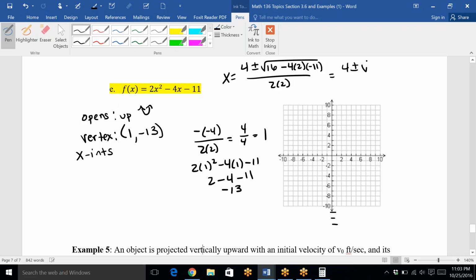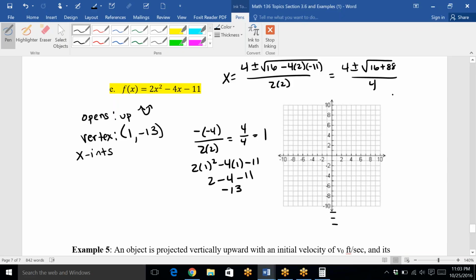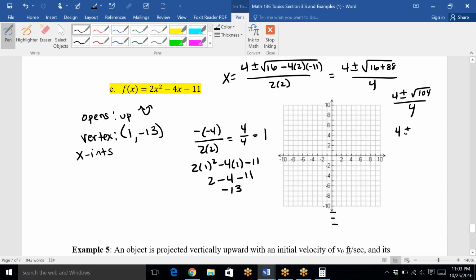So 4 plus or minus the square root of 16 plus 88, over 4. 16 plus 88 is 104. So 4 plus or minus the square root of 104 over 4. Reduce, I believe 104 should be divisible by 4. Yeah. So this is actually 4 plus or minus 2 times the square root of 26 over 4. And we can reduce the 4, 2, and 4. This would be 2 plus or minus the square root of 26 over 2.